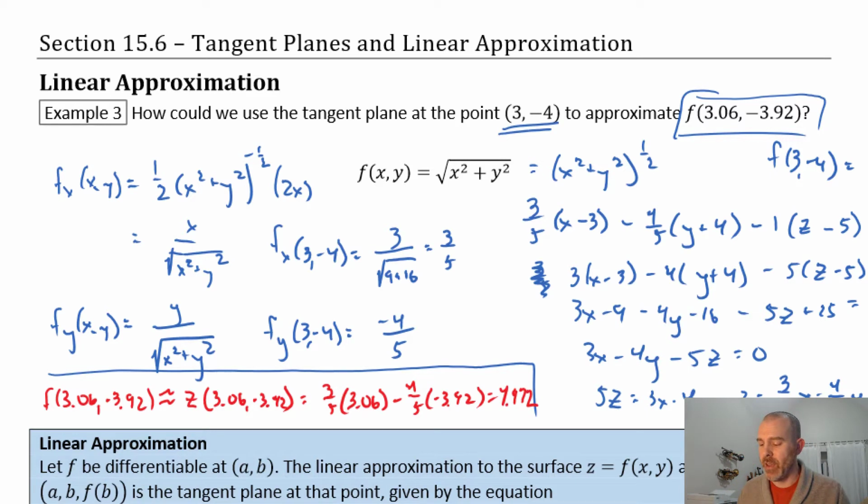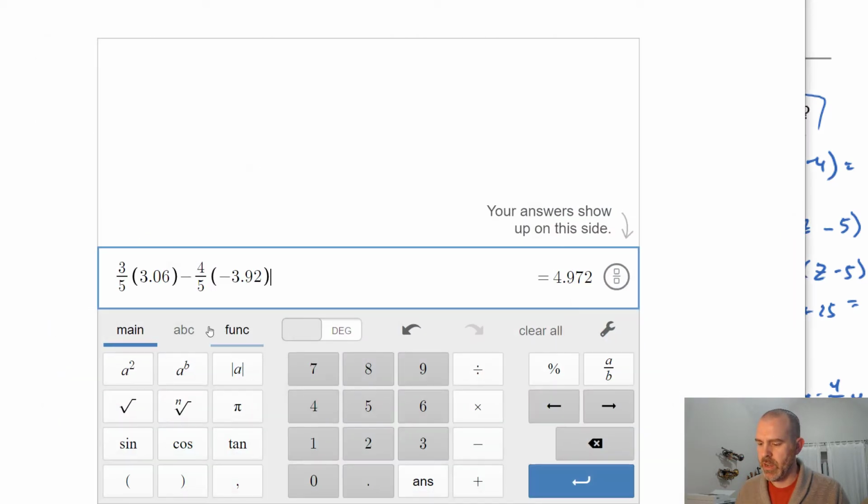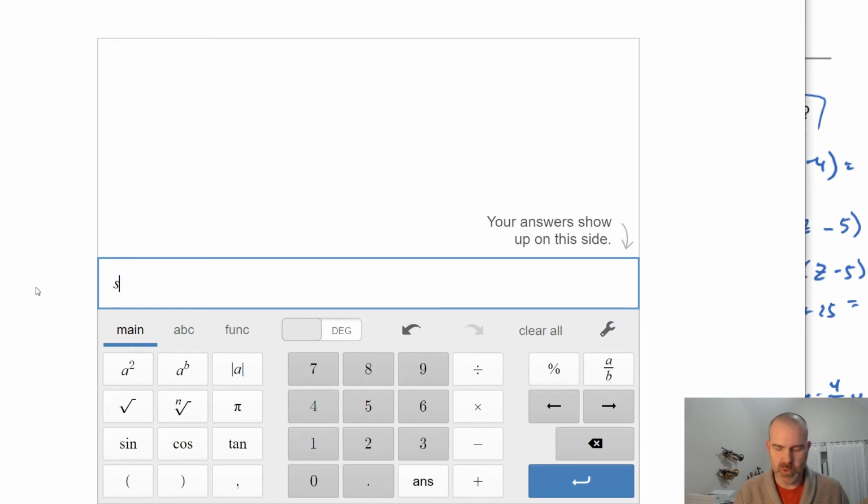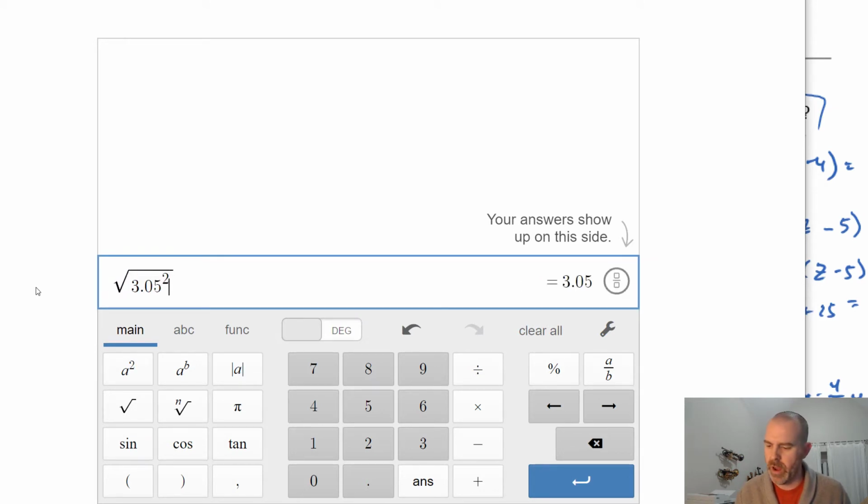And let's actually calculate what that would be just in the function. That will be the square root of 3.06 squared plus 3.92 squared. Look at that, very close: 4.967.